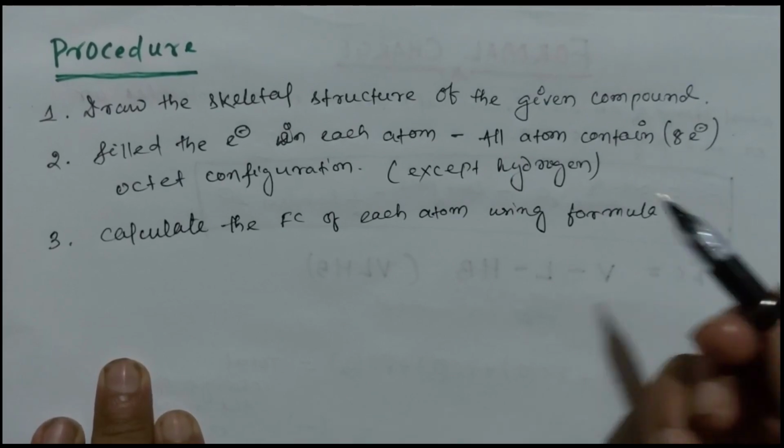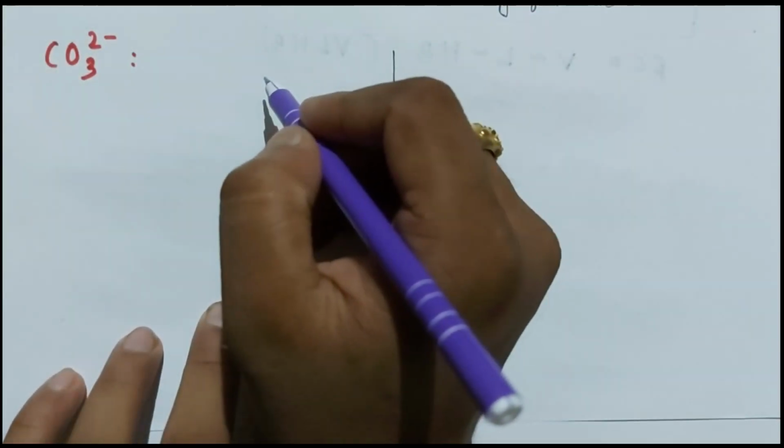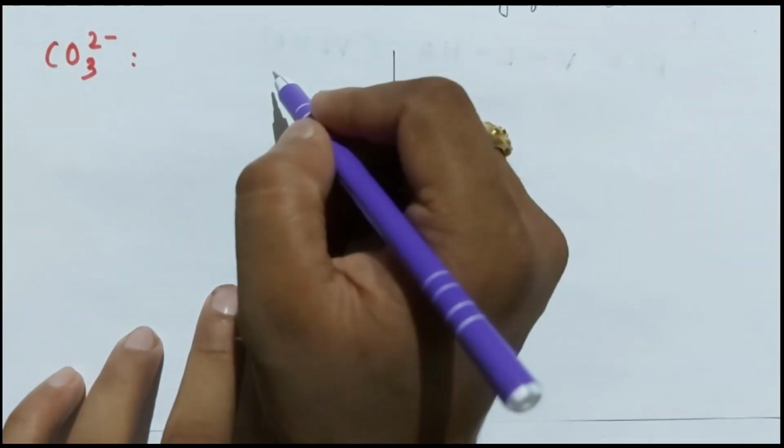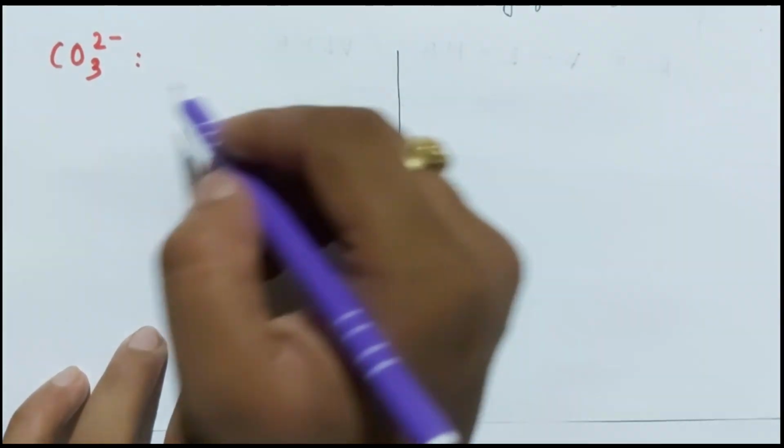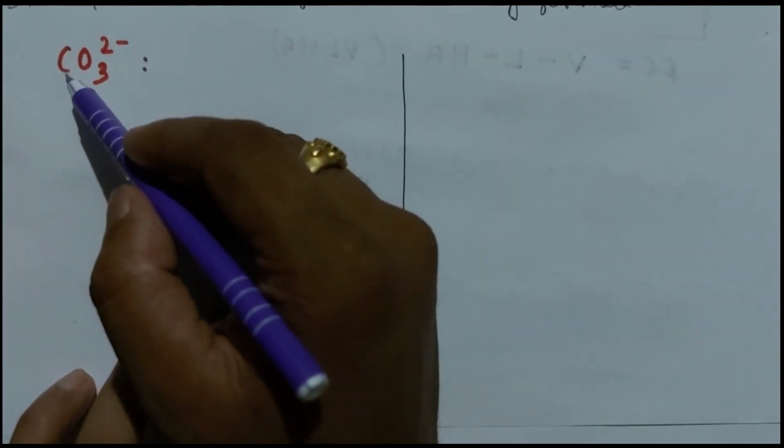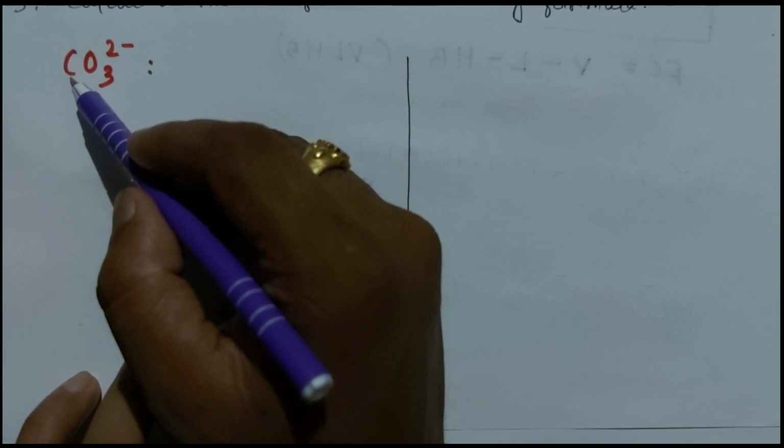what I had discussed. First we have to draw the structure of CO3 2-. First choose the central atom as carbon, because it is the least electronegative.